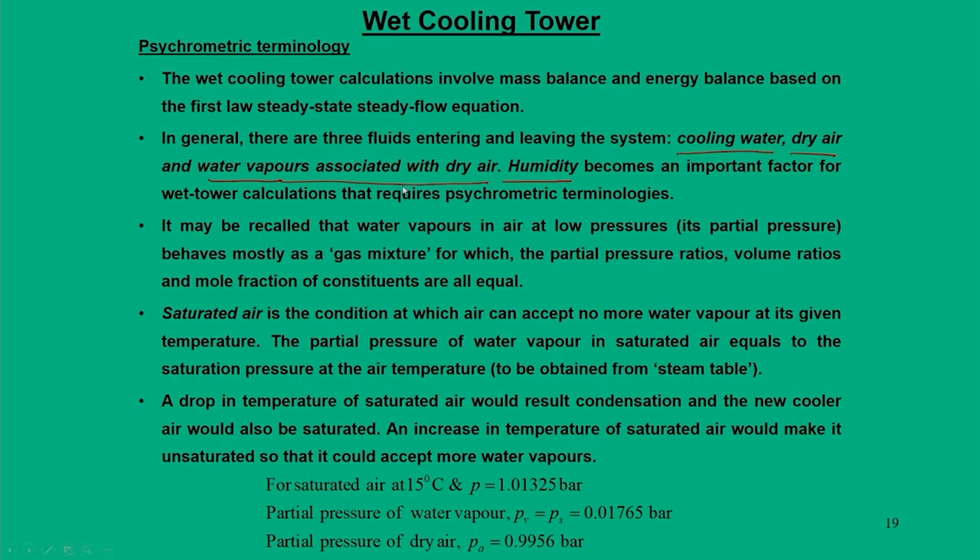Another assumption is that water vapor in the air is always at very low pressure. So, we treat them as a gas mixture. So, instead of water vapor alone, we use an ideal gas mixture, in which we can use the ideal gas model for this analysis of water vapor.